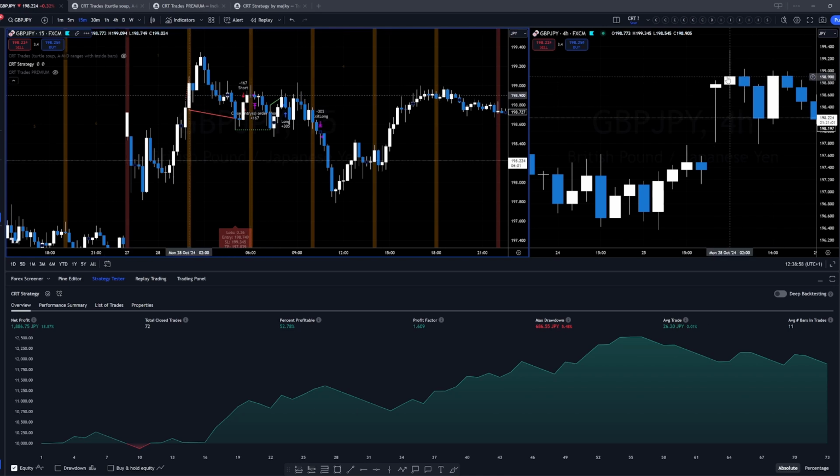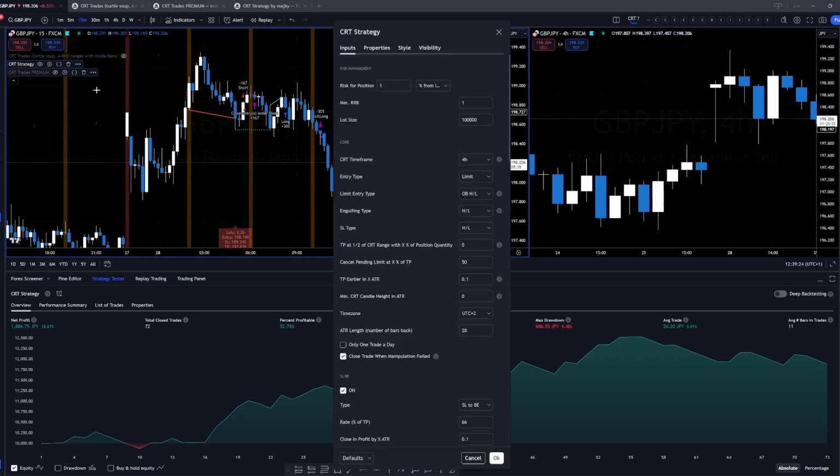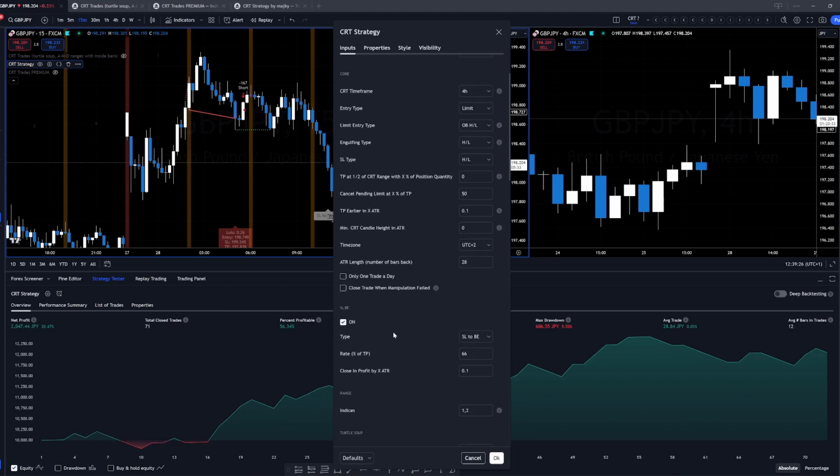This candle closed above the previous range. You remember we want this first candle only manipulated, not closed above, because if it closed above, this can lead to price going higher. So exactly as this second candle closed, the trade is closed. So this is what this checkbox means.